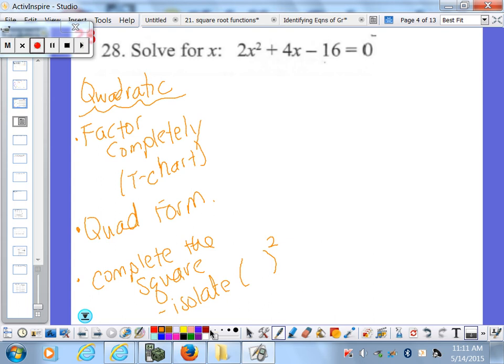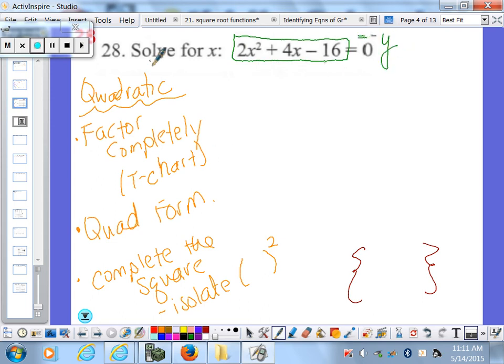So in the end, your answer should look something like this with your solutions in a solution set. Please do not circle your answer, just list them in a solution set. You may also use your calculator when you are done with this, because you must show your work for all Part 2 questions, and you could plug this function in to y equals.